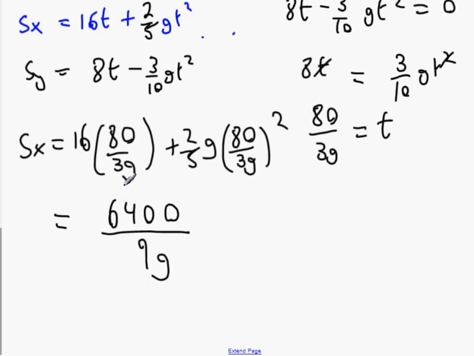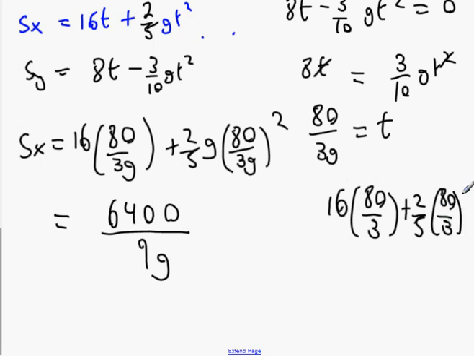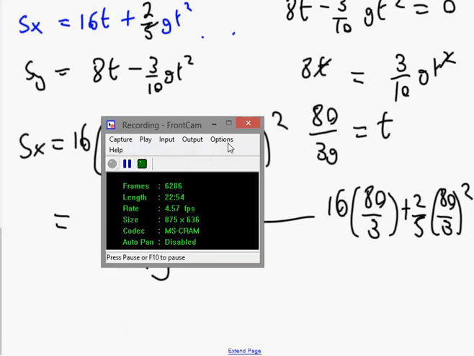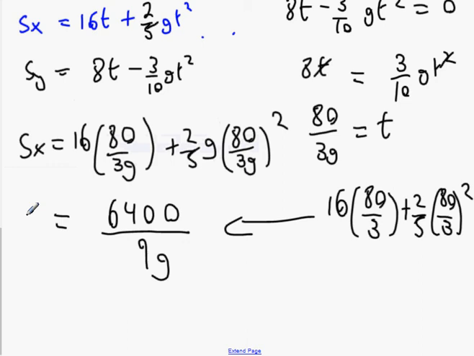So just ignore the g. Just do 16 multiplied by 80 over 3, and then just do 2 fifths times 80 over 3 squared, and tell me that comes to, hopefully, 6,400 divided by 9. That's what I'm hoping for. That's the first question done there. Your range is 6,400 over 9g.